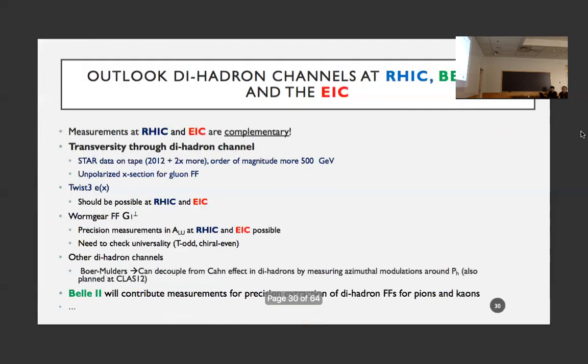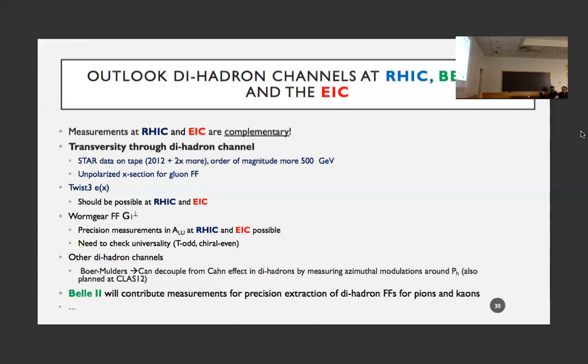Can you say something about the Sivers function? I haven't thought about that. Oh, you mean the Sivers function? Worm-gear here, I was referring to the fragmentation function. So is there a Sivers fragmentation function? I'm not sure. Certainly with the Lambdas it should be zero.